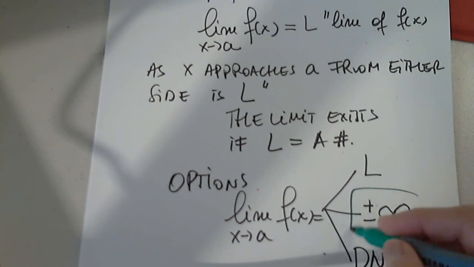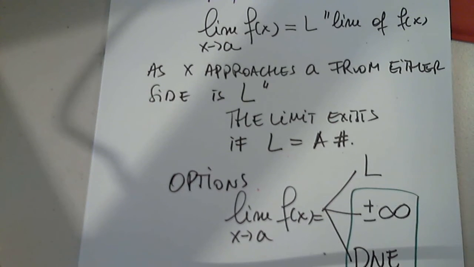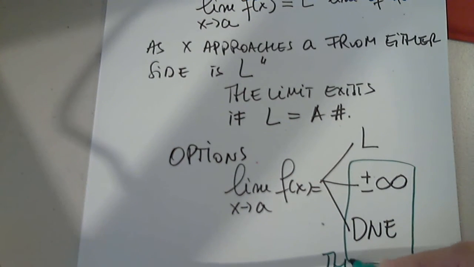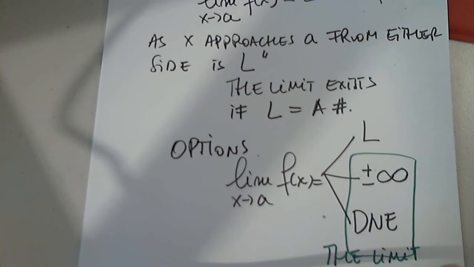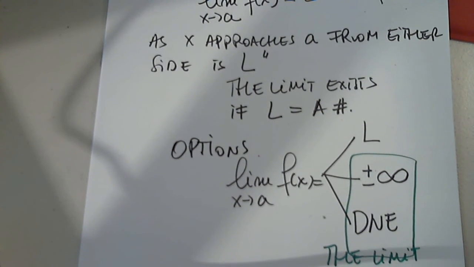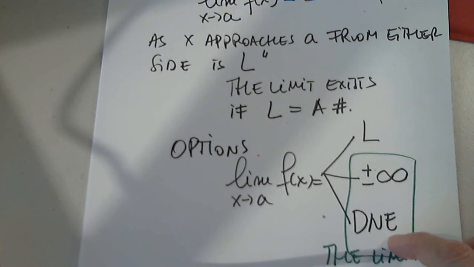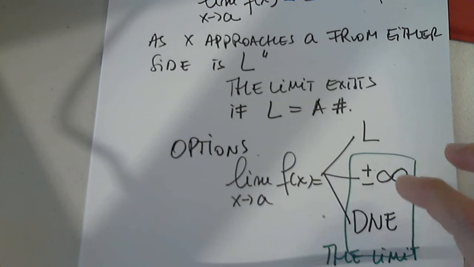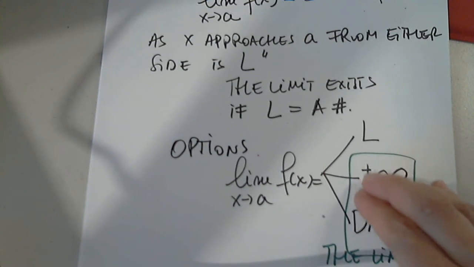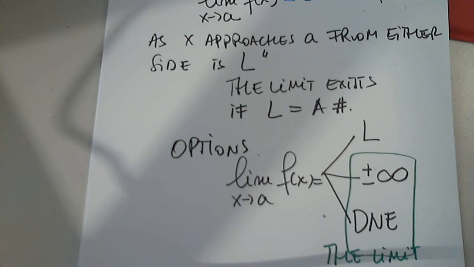These three options. The limit does not exist if it is positive infinity, I cannot write DNE. If it is negative infinity, I cannot write DNE. But all these, the limit does not exist.